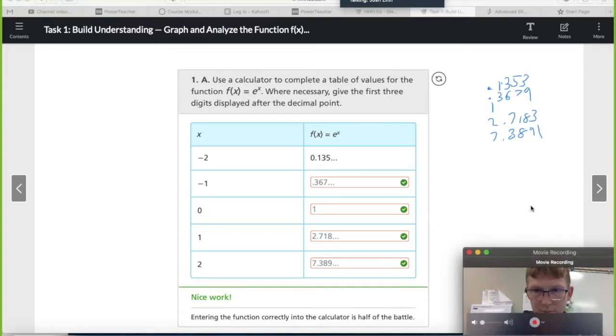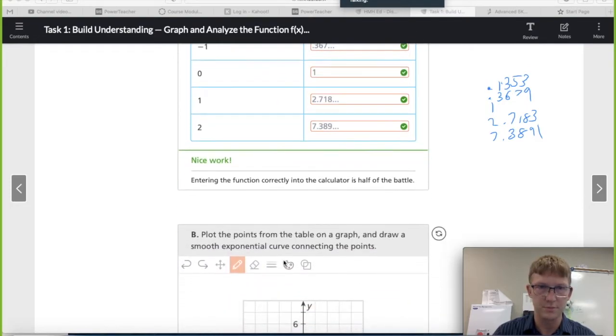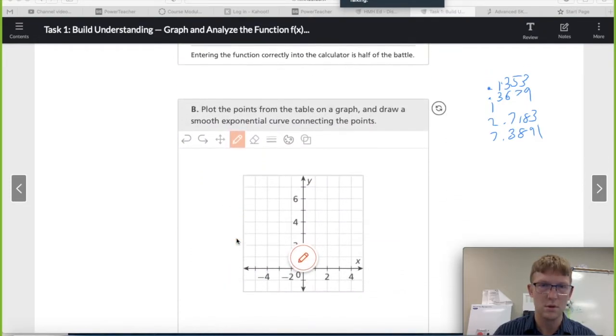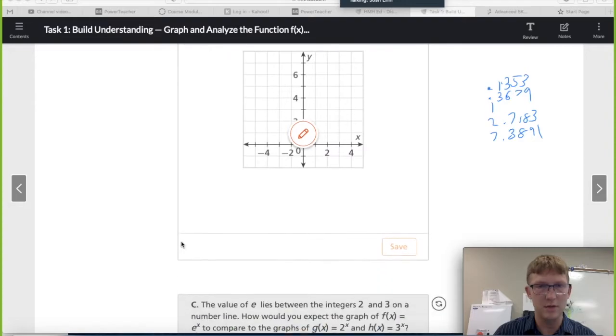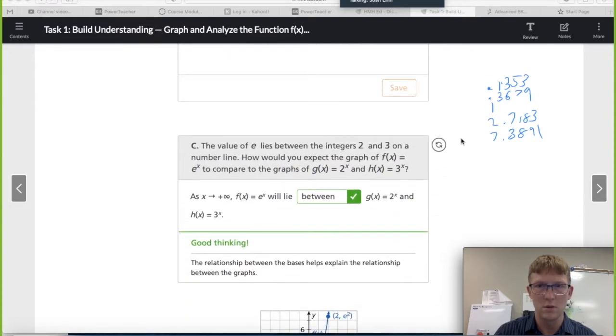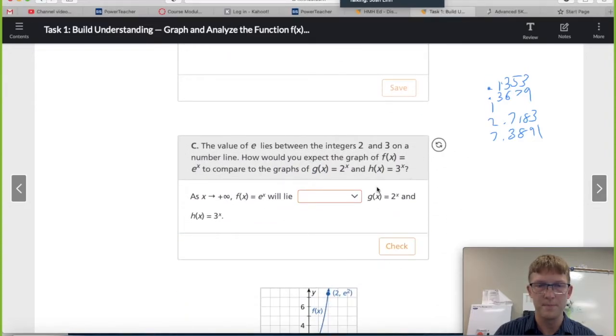Yay! I'm not going to plot these points because we've got a graph down here that we can look at.